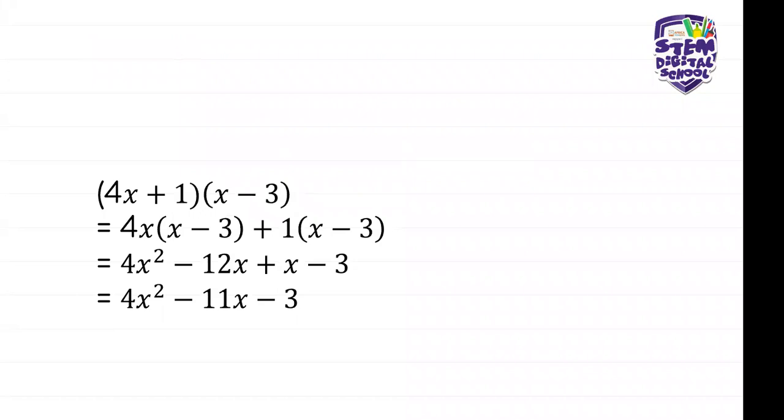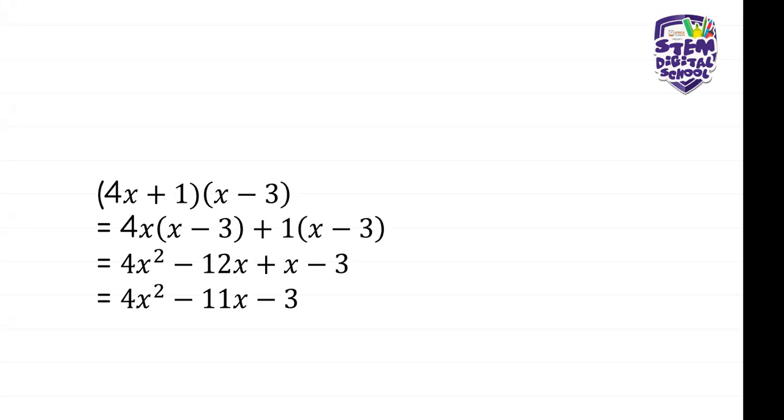So if you look at what we have done here, we have 4x and then open bracket x minus 3. So basically, the second step is just an expansion of the problem. In fact, you are just expanding there. If you expand, you take the first term of the first bracket, you multiply it out with the second bracket.